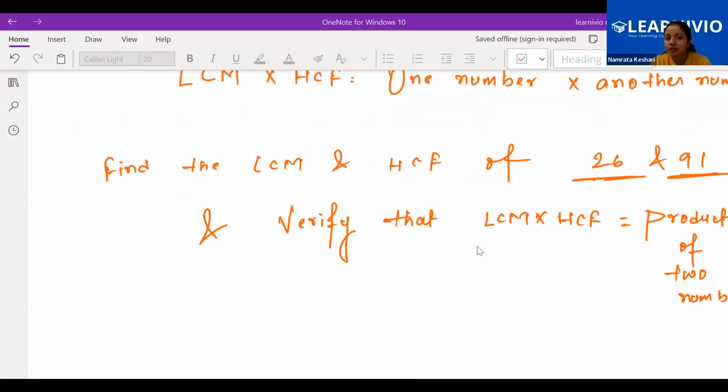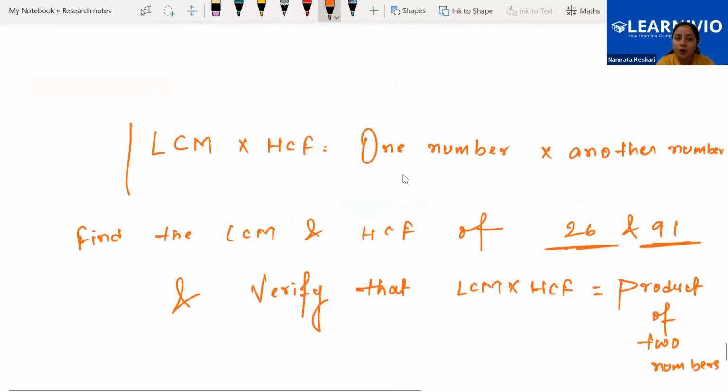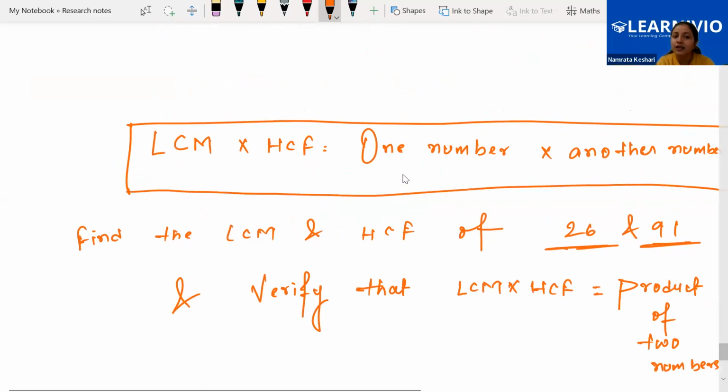Afnan, Aisha, Galvin, Ziana, Harshit, Maha, whoever has joined just now, this is the formula we already know. If you don't know, please note down this formula: LCM into HCF is equals to one number into another number, that means the product of the two given numbers.